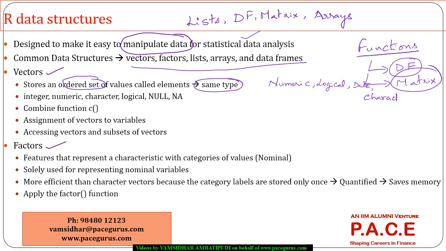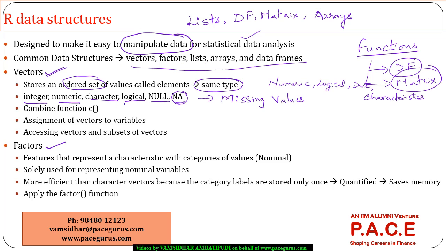So these are a set of elements of the same type that we can call a vector. So the types could be integer, numeric, character, logical, everything could be null or NA. NA is the typical word we use for missing values in R, right?